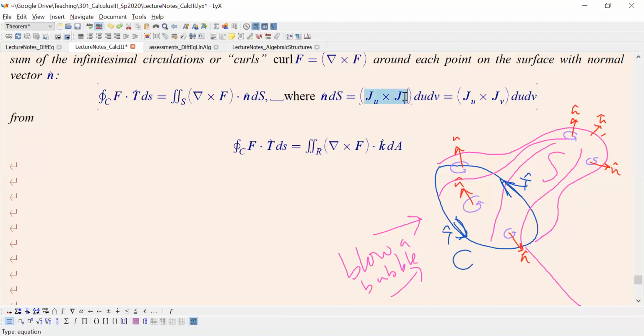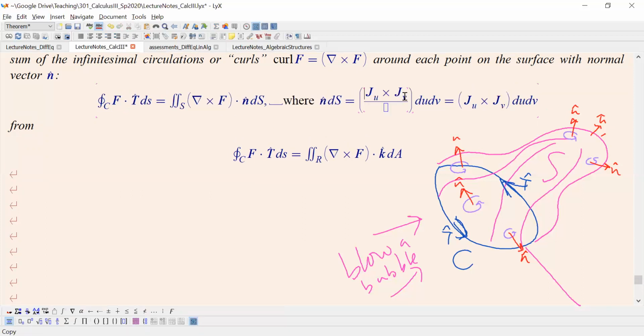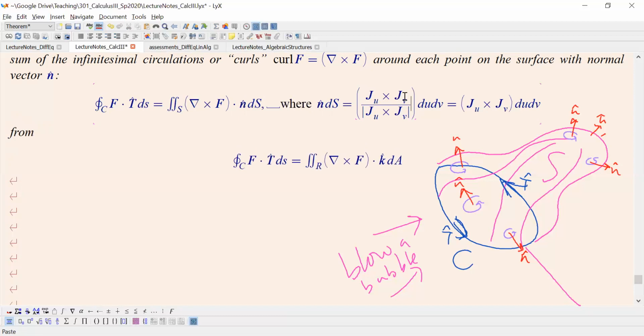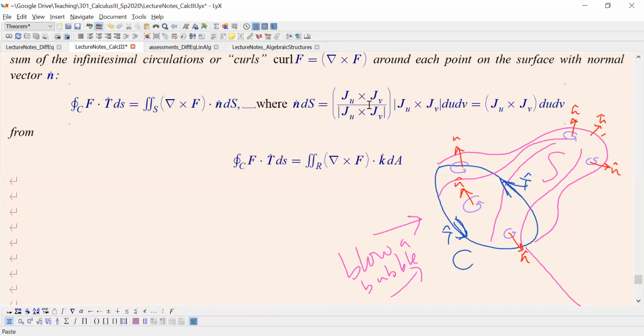The normal vector is a unit vector. That's our unit normal, pointing outward, and then the ds pays a cost.